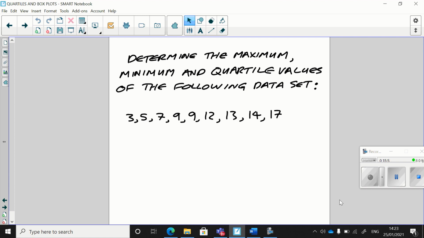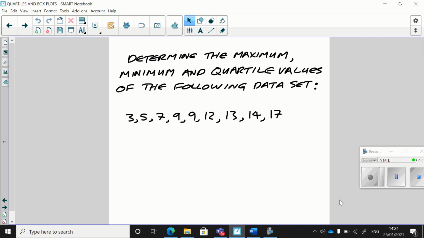Right, here we are. They do mention or determine the quartile values, but before that they're saying the maximum and minimum, so the biggest and smallest. That should be okay. Just make sure your numbers are in ascending, descending order, smallest to biggest, or vice versa.